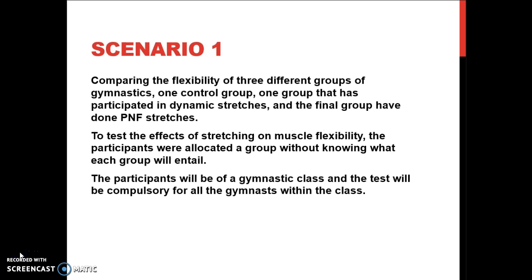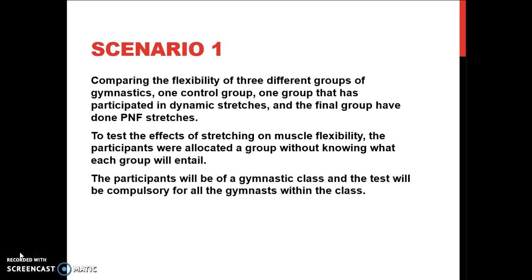Now looking at scenario 1, we're going to read these and see what's wrong about the scenario given. So, comparing the flexibility of 3 different groups of gymnasts. One control group, one group that has participated in dynamic stretches, and then the final group have done PNF stretches.